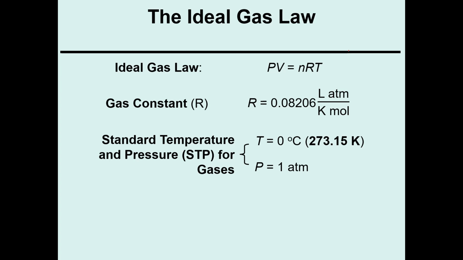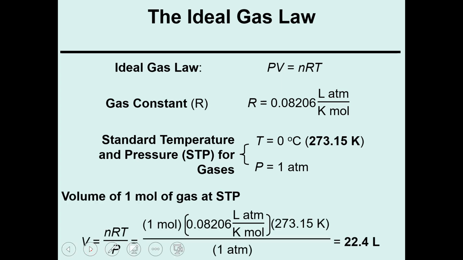If you rearrange the ideal gas law for volume and substitute in 1 atm and 273 Kelvin, you find that the volume of 1 mole of gas at STP is 22.4 liters. Now this is only true at STP.